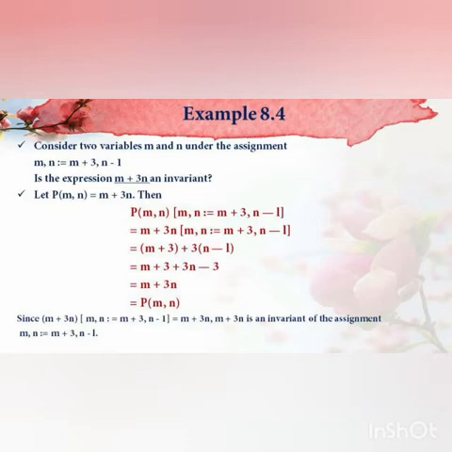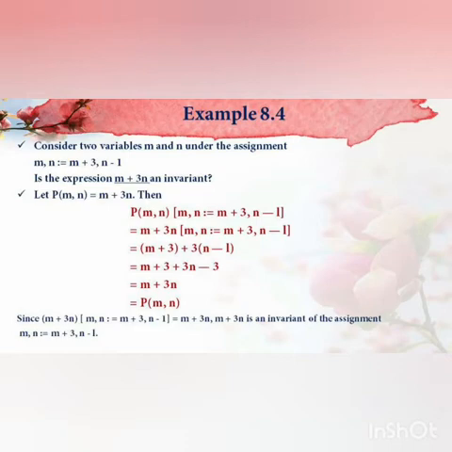Then, we have to write the assignment P of m comma n. m comma n is equal to m plus 3 comma n minus 1. Now, we are going to substitute that. The value of m is m plus 3 and the value of n is n minus 1. So, P of m comma n is equal to what? That is m plus 3n.